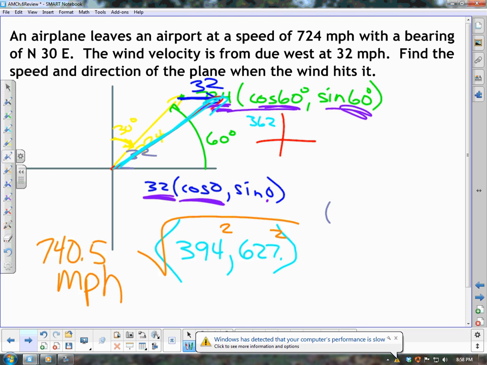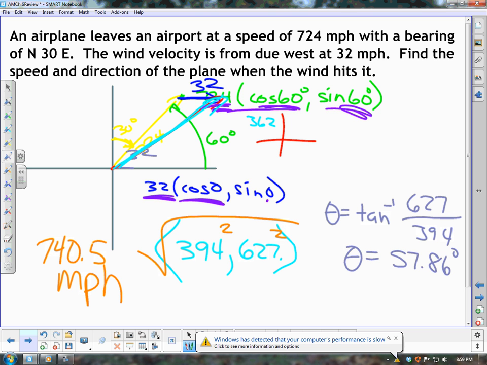And then theta will be inverse tangent of 627 over 394. So theta is equal to 57.86 degrees.